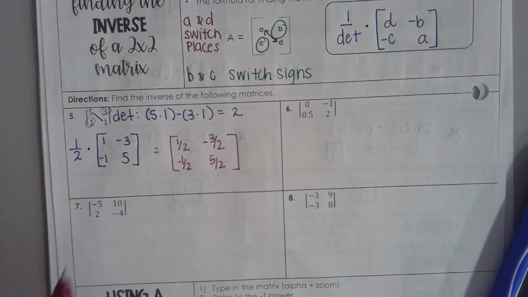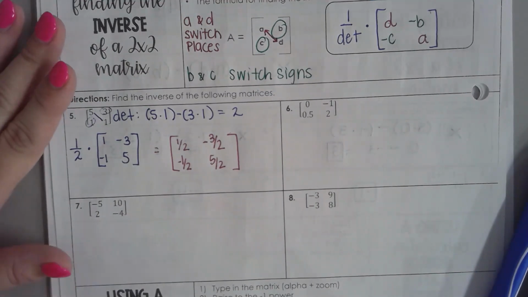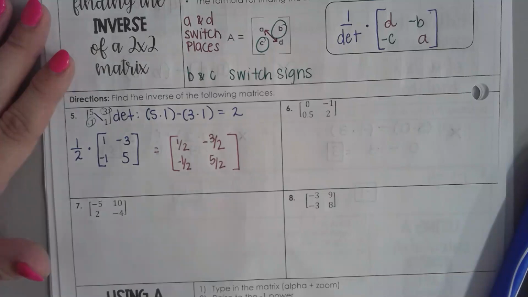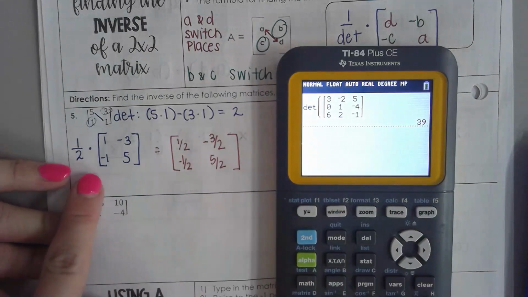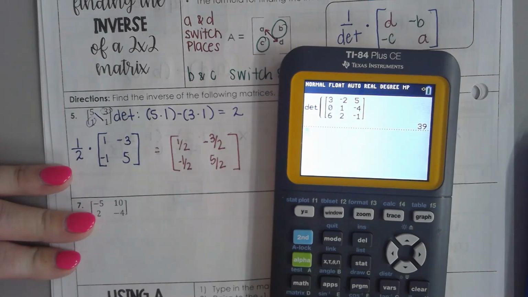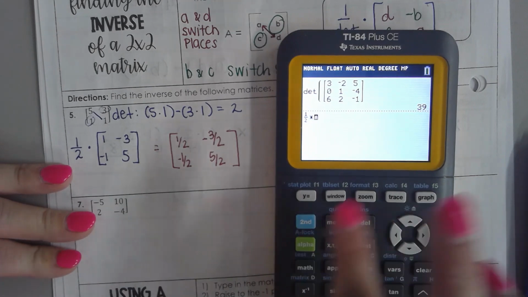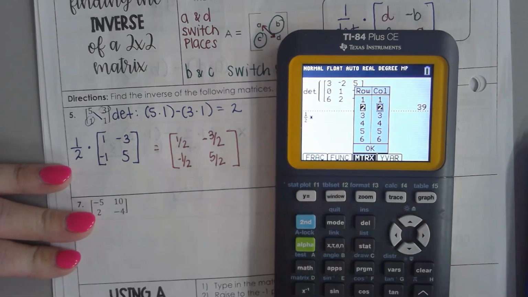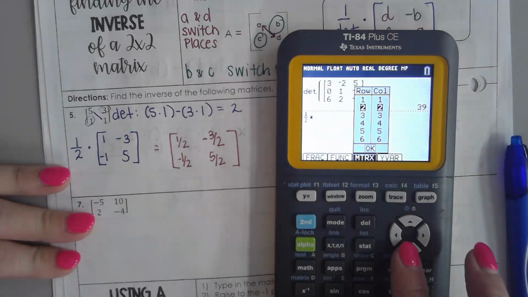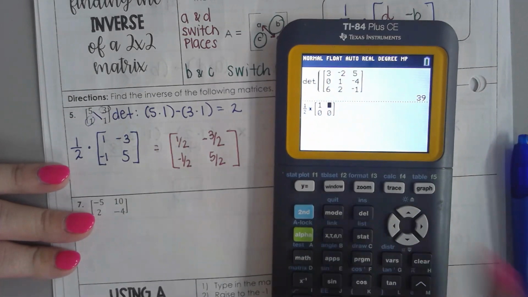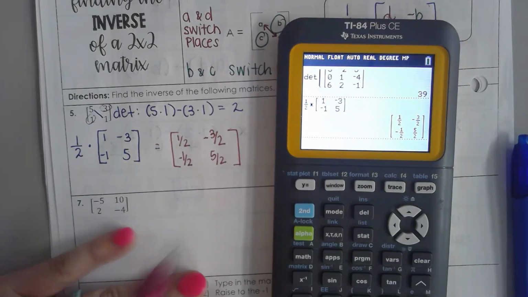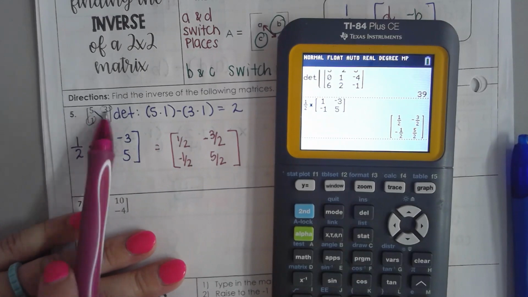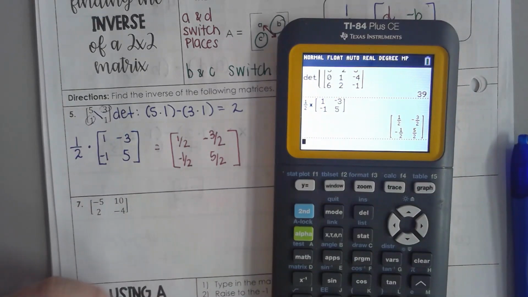If I was multiplying by 1/3, I would put over 3. If I was multiplying by 1/5, I would put over 5. But always leave it as an improper fraction. You could also type this in, a fraction 1/2 times all of this, but it would be faster to just do it. And that's your inverse. If I took my original times the inverse, it would give me the identity matrix.